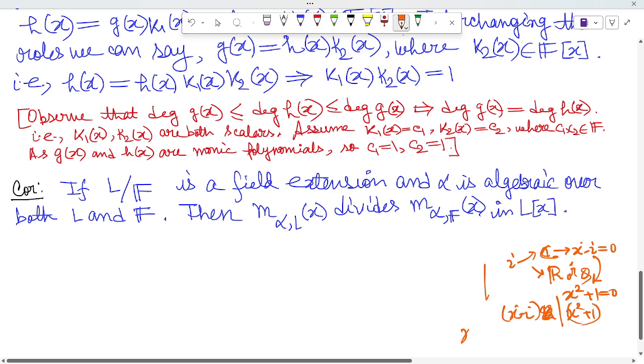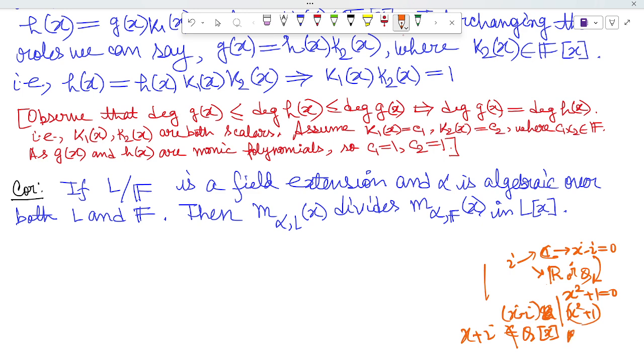After dividing, you will get x plus i. But x plus i does not belong to Q x, although it is readily available in C x.